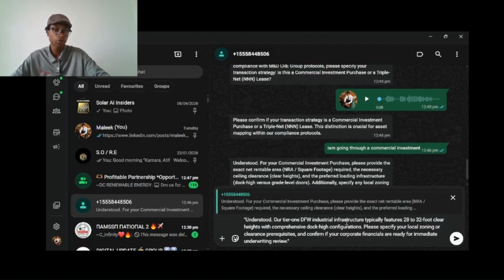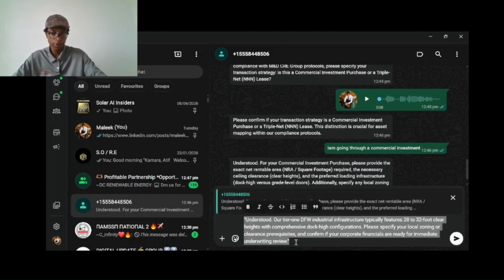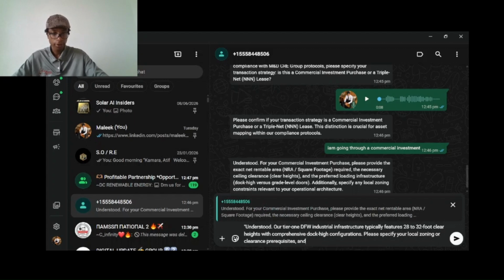Our tier DFW industrial infrastructure typically features 28 to 30 feet clear height with comprehensive dock-height configurations. Please specify the local zoning precisely. I think there was a mistake in my chat, so I'm going to highlight this part and edit it. Although you can give it any prompt.